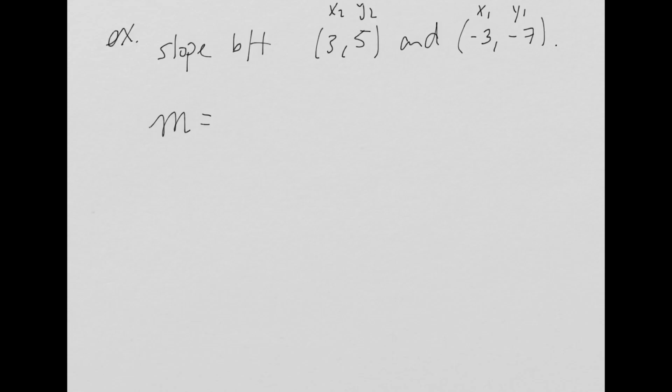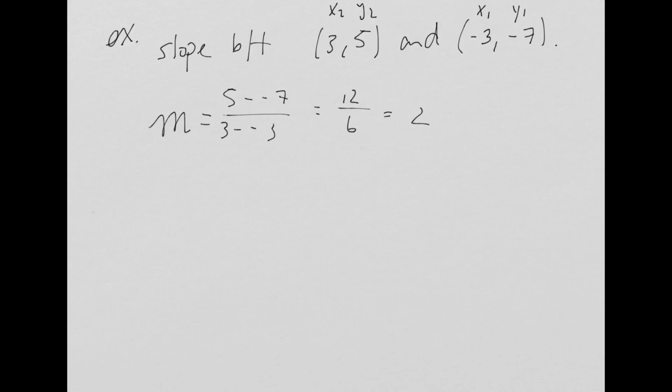It doesn't matter which one you label, you just got to keep it consistent once you decide. So my slope is going to be y2 minus y1 over x2 minus x1. So on the top, I'm going to get 12 because the negative of a minus cancels out, gives me a positive, over 6, so 2. So my slope is 2.